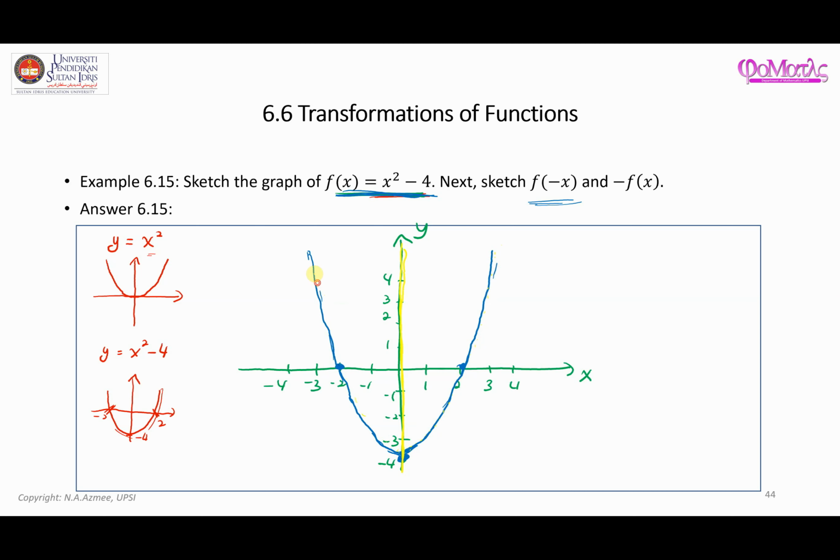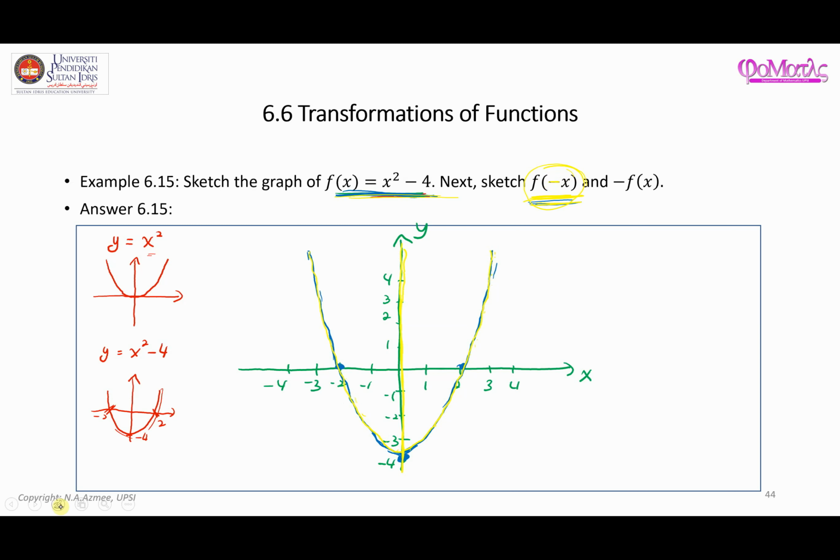This is because the graph is symmetric, so the look of f(negative x) is similar to the original function. This is what happens when you introduce negative inside the original function.